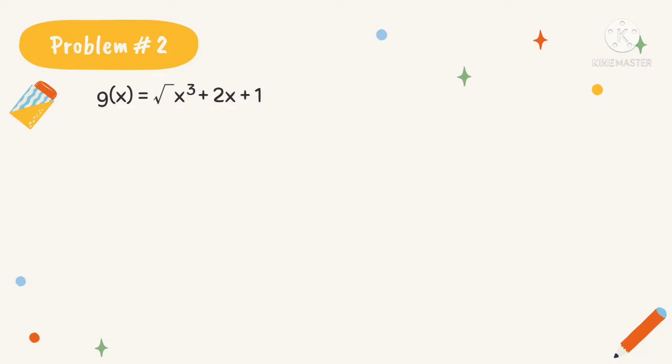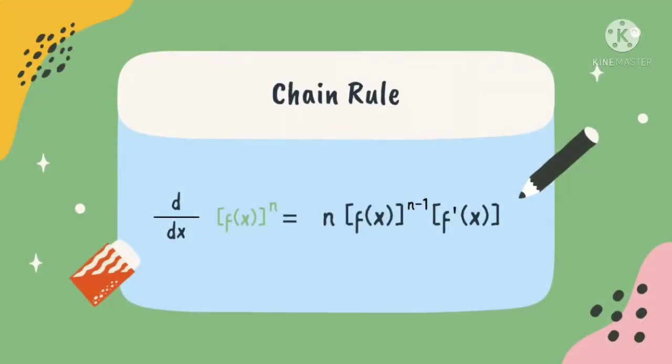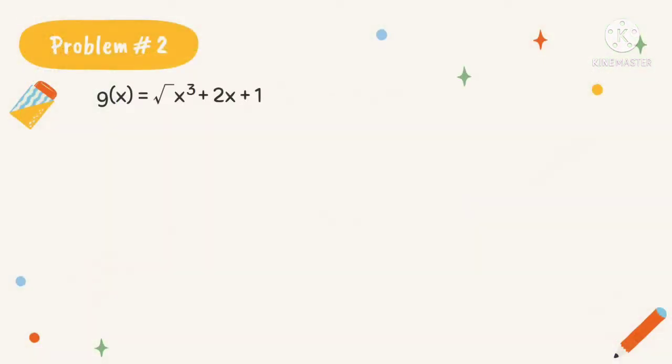For us to be able to have an easier time answering this, we can just proceed and follow the chain rule. But first, since our given has a radical sign, let's turn it into an exponential function to have the quantity of x cubed plus 2x plus 1 raised to 1/2.